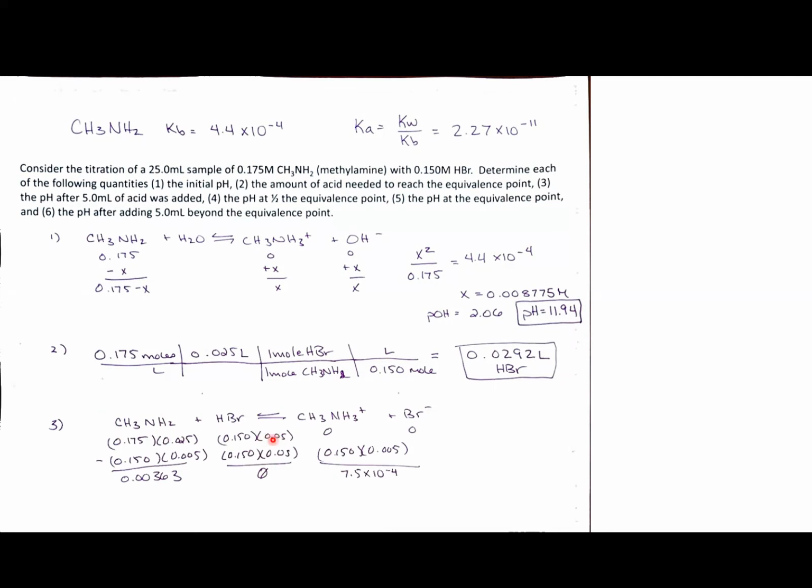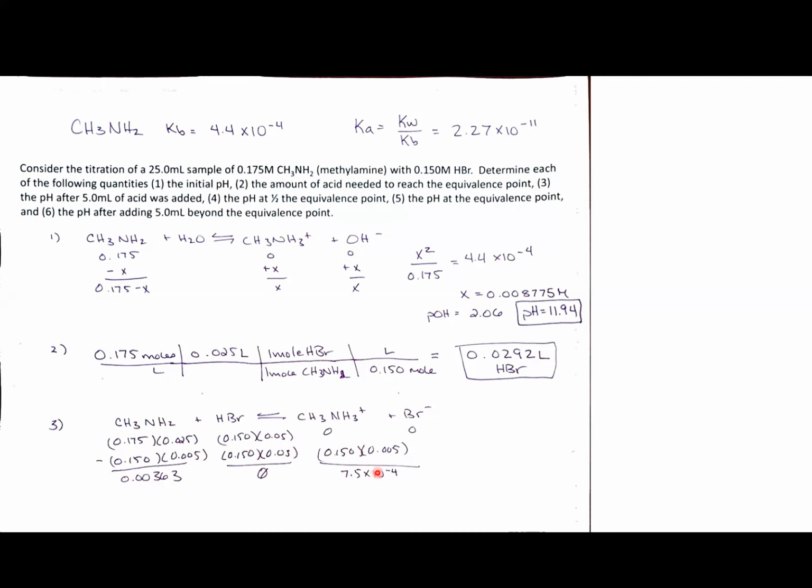Now, I did this correctly. I wrote it incorrectly on this, but it is correct. 0.005 is the number of liters here, so it's correct over here. It's just there's a 0 in the wrong place here. So this comes out to the difference between these 2 moles is 0.00363. And then this is how many moles of this form.